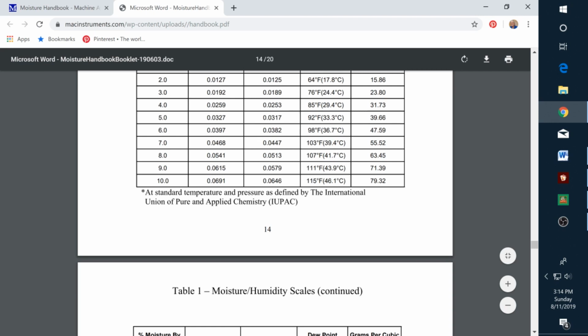And you can interpolate between temperatures if you wanted to find the maximum moisture by volume at 72 degrees. You could do an interpolation between those two temperatures. So this is really the maximum moisture by volume that you can have at 76 degrees Fahrenheit.